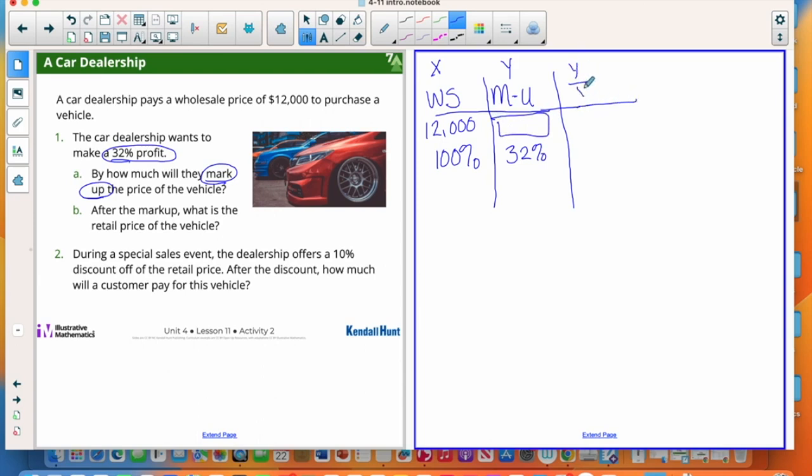So I have to find that amount of money. So Y divided by X, can't use the first row, I don't know the Y value. So we use the second row and find our constant of proportionality to be 32 hundredths. So then we do 12,000 times 32 hundredths, and we get $3,840 that they are marking it up.